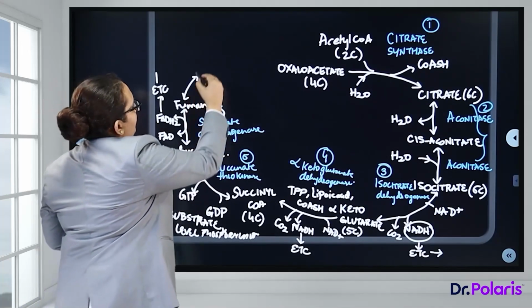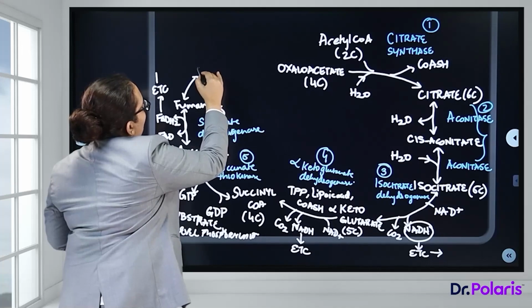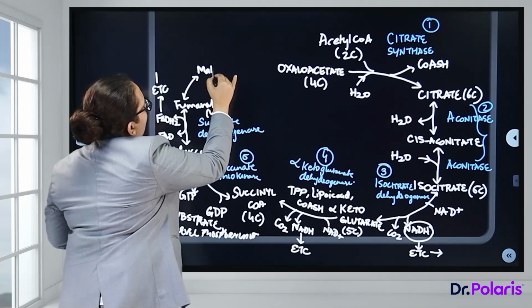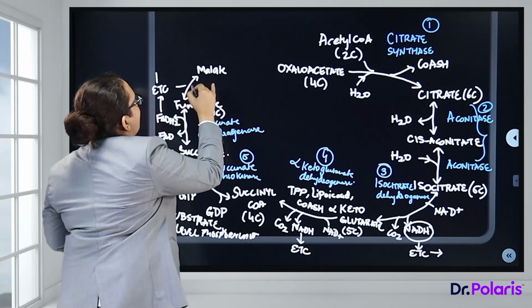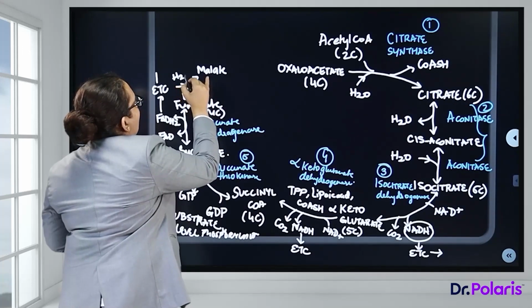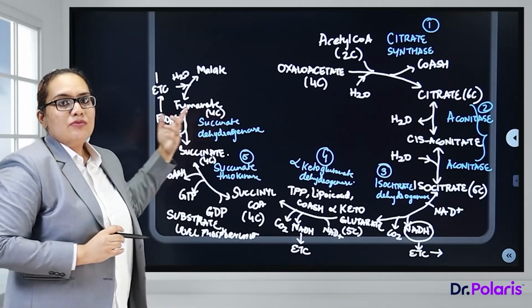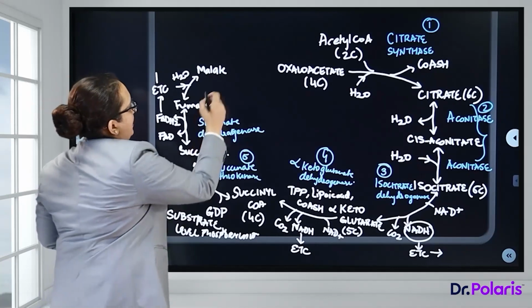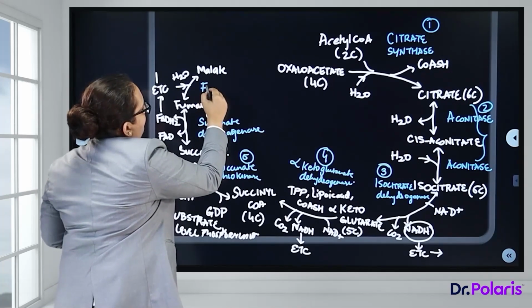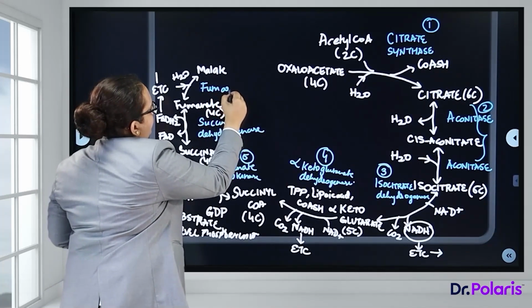Now, fumarate undergoes a hydration reaction where water is added to fumarate to form the next intermediate, which is called malate, and the enzyme responsible is fumarase.